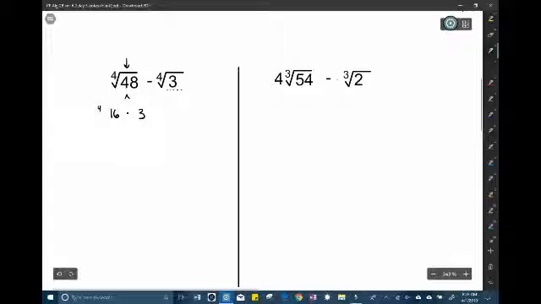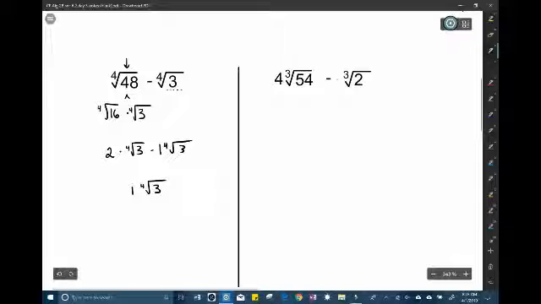So we could think of it as the fourth root of 16 times the fourth root of 3. The fourth root of 16 is 2, 2 to the fourth, times the fourth root of 3, which means we have 2 fourth roots of 3 minus 1 fourth root of 3. 2 minus 1 is just 1 fourth root of 3.